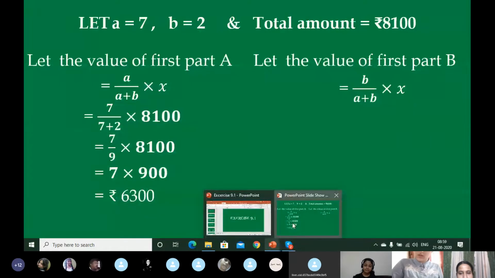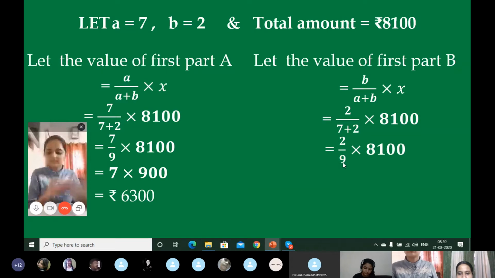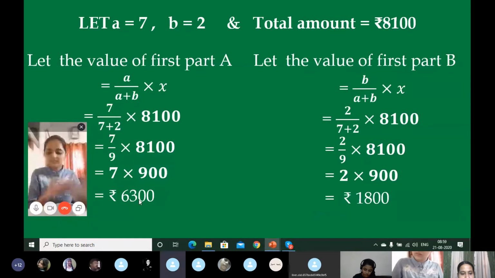Now, similarly, the values will be substituted. So what happened? D was replaced by 2. 7 plus 2 into 8100 gave us 2 by 9 into 8100, that is equal to 2 into 900, that is equal to 1800.